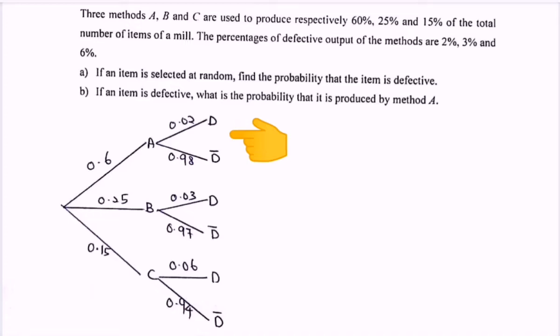For the non-defective, as we all know, it is 1 minus 0.02, and we will have 0.98. Continue for B, again we have the defective and non-defective, and we know that for B the defective will be 0.03, and the complement for the defective, which is D complement, is 0.97. The same goes for C, where we have 0.06 for defective, and the non-defective is 0.94.